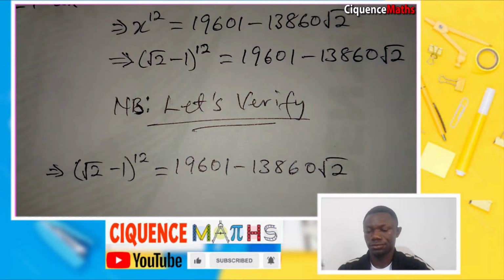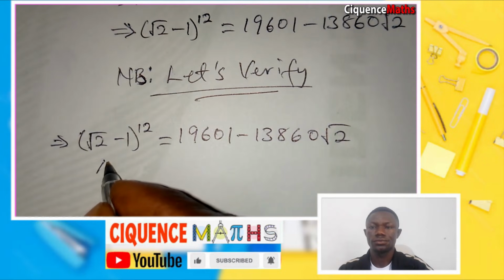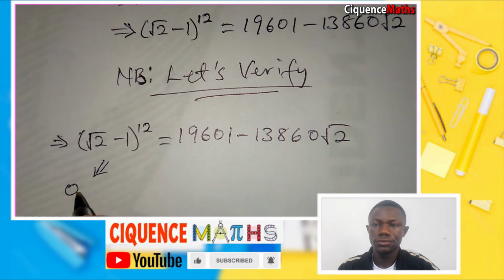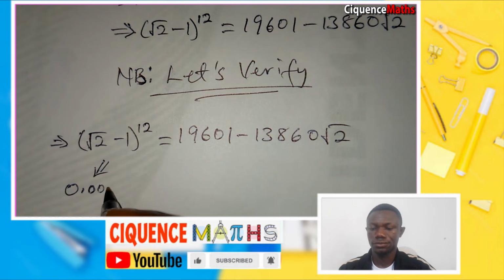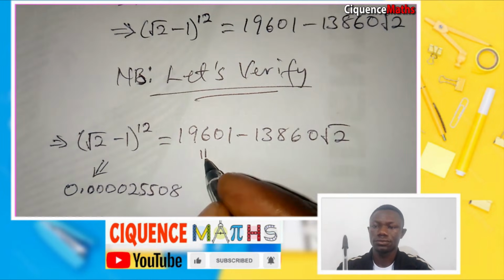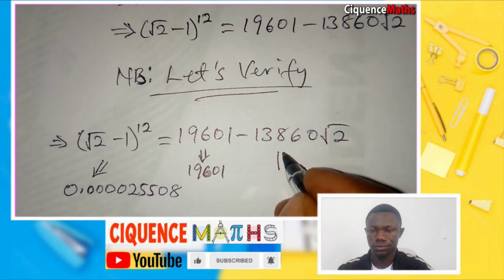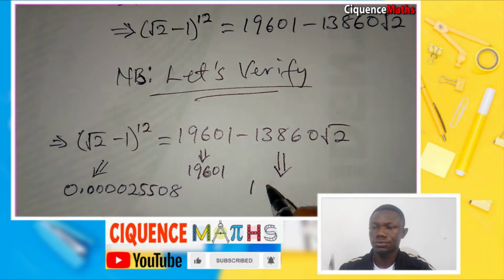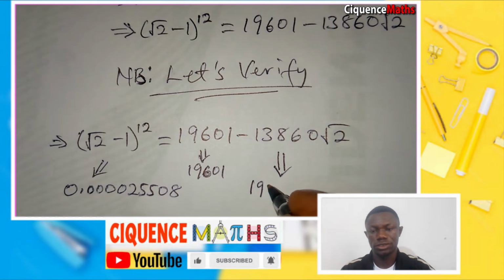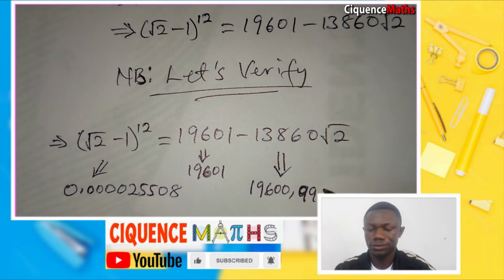Root 2 minus 1 to the 12th is about 0.000025508. And then we have 19,601 minus 13,860 times root 2, which gives us 19,600.9999745.